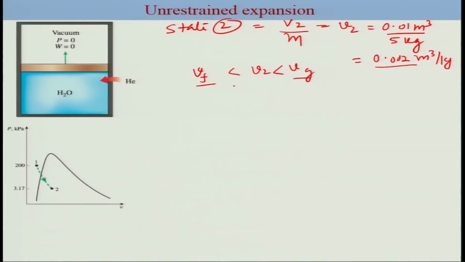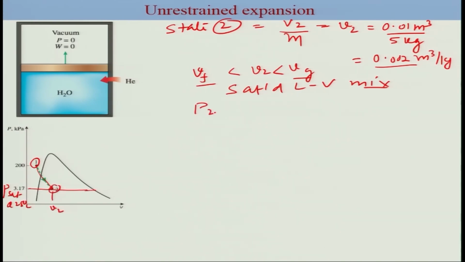So this means it's a saturated liquid-vapor mixture, which essentially means that in this process, from state 1 the compressed liquid has gone to the saturated liquid, and now it has become saturated. So this is your Psat at 25, and now it is in a saturated liquid-vapor mixture state.